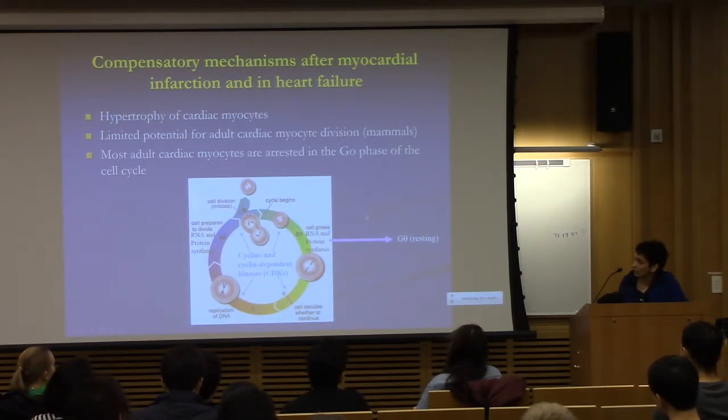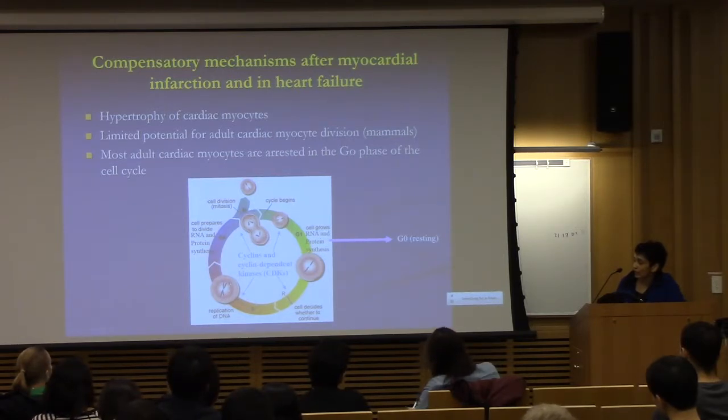the G0 resting phase. So just to talk about the cell cycle, typically in proliferating cells like stem cells, you have the G1 phase where the cell prepares for DNA duplication, and so you have RNA and protein synthesis. Then it goes to the S phase, where there's actually the replication of DNA.